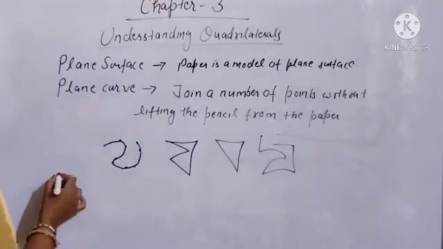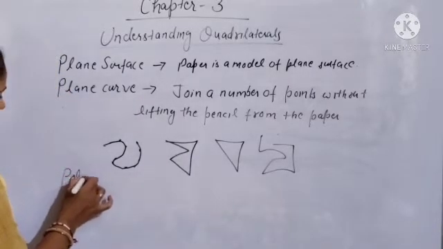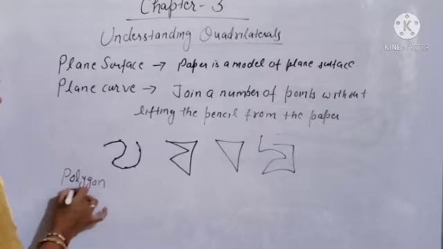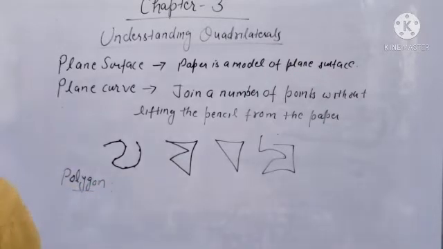Now next we will start polygon. So what is the definition of a polygon, beta? Simply, your chapter is totally based on quadrilaterals and polygons. So what is a polygon? A polygon means a simple closed curve.